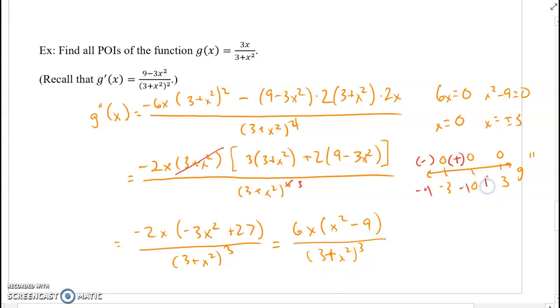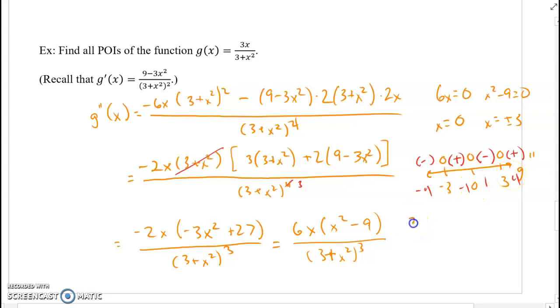If we try positive 1, we get positive times negative divided by positive. So that's, again, 1 negative. And then finally, if we try something like positive 4, we get positive times positive divided by positive, no negatives at all. So we see that we have a change in the sign of the second derivative at negative 3, at 0, and at 3.